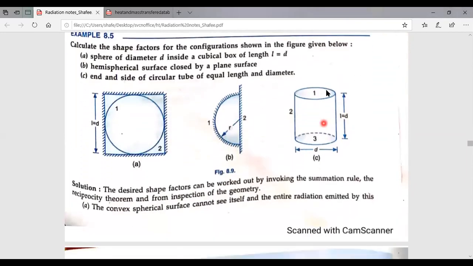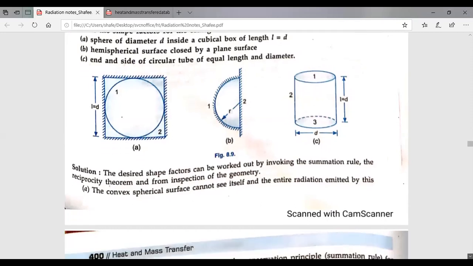They'll be asking for the heat transfer between the two surfaces, that is two disks here, 1 to 3 as well as 1 to 2. So 1 to 3 is like a coaxial disc, and 1 to 2 is a different sort of arrangement. If I want to find out the shape factor for this particular problem, I'll show you the solution.